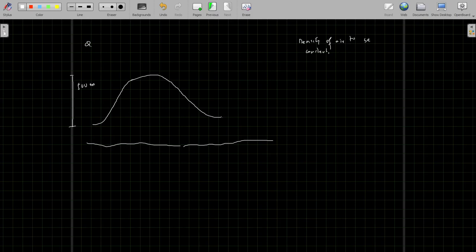We will consider the density of air to be 1.27 kg per meter cube. Remember, it's not gram, kg per meter cube. So we need to find the pressure acting at the top of the mountain.